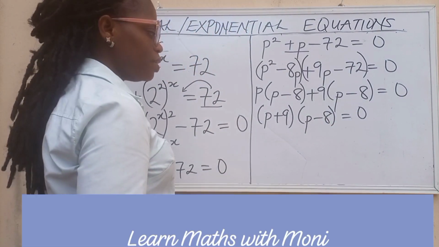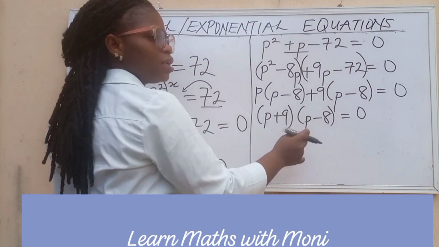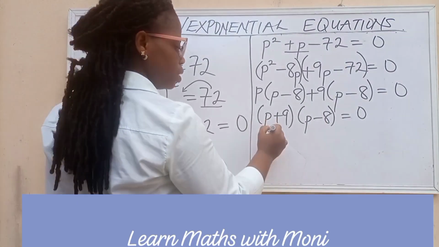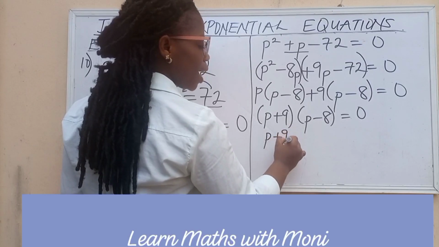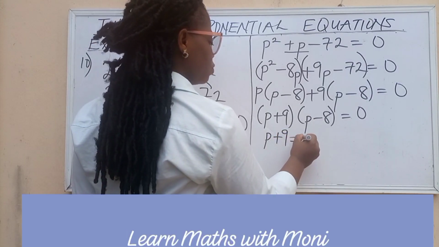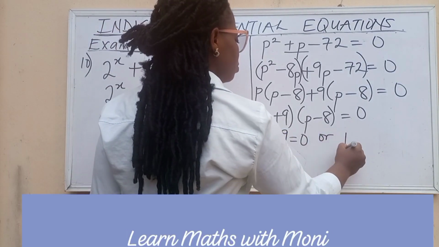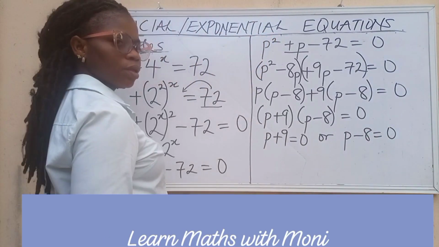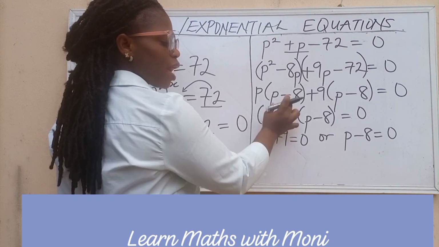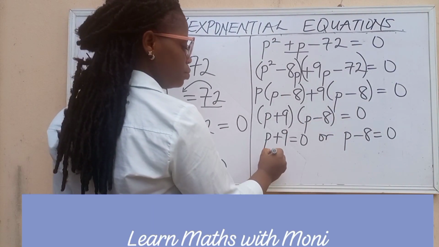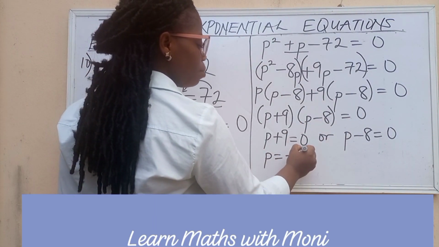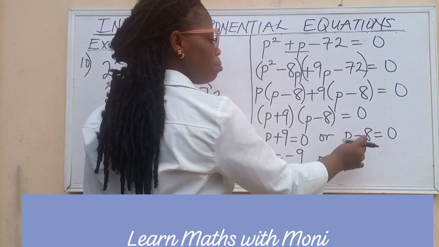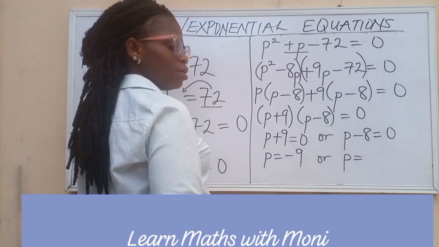That means either of them is equals to 0 or both of them is equals to 0. That is P plus 9 equals to 0 or P minus 8 is equals to 0. Plus 9 going outside becomes P equals to minus 9, or P equals to minus 8 going outside becomes plus 8.